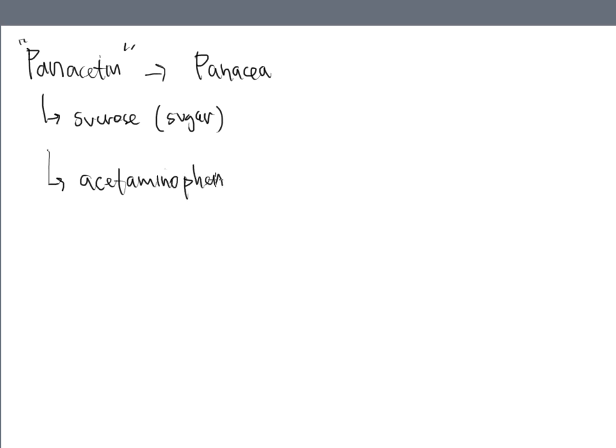That's a long word to write out. Acetaminophen should be present, we know that it's there, we're just going to have to figure out how much. And then the third one that should be present is something called aspirin. So sucrose, acetaminophen, and aspirin.